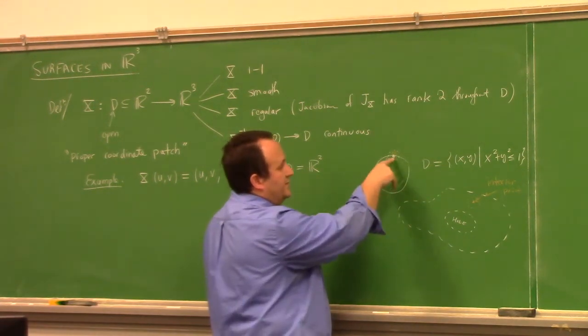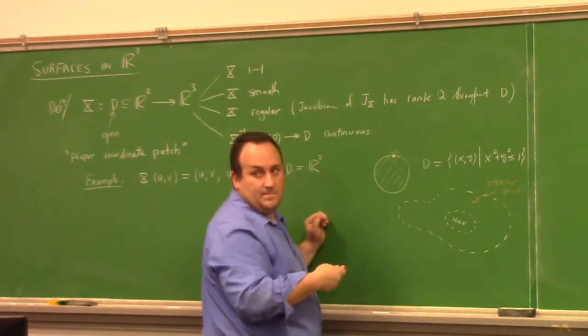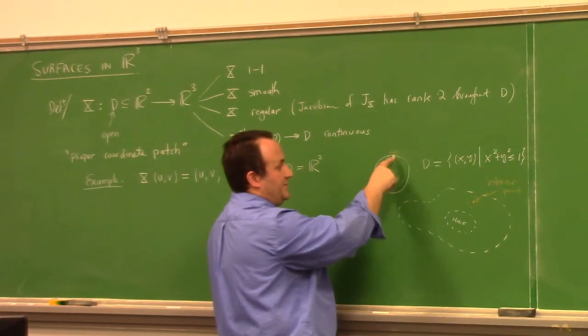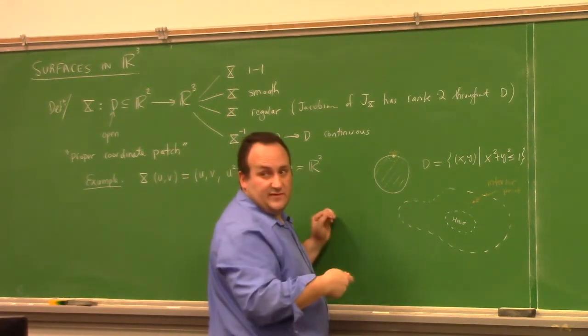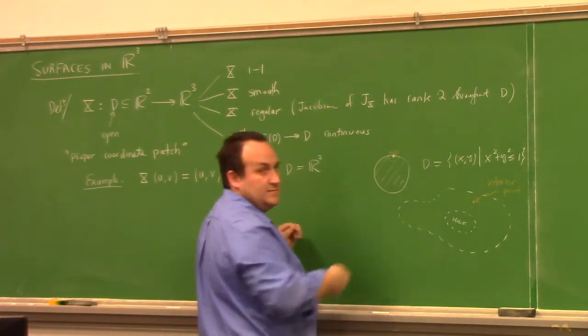So this point is not an interior point. In fact, that's an example of what's called a boundary point of D. The boundary of D is, in fact, the unit circle in this case.